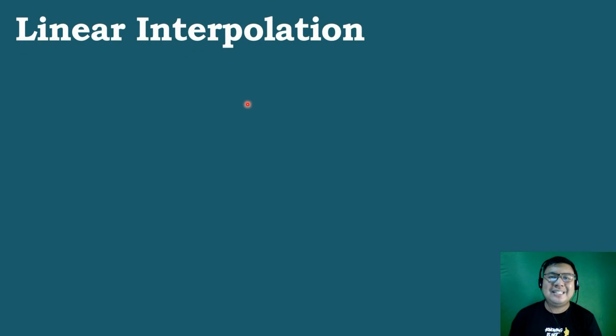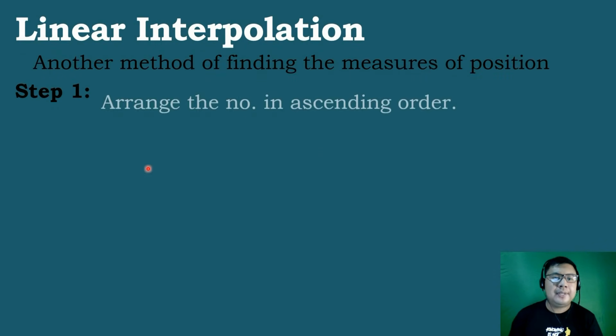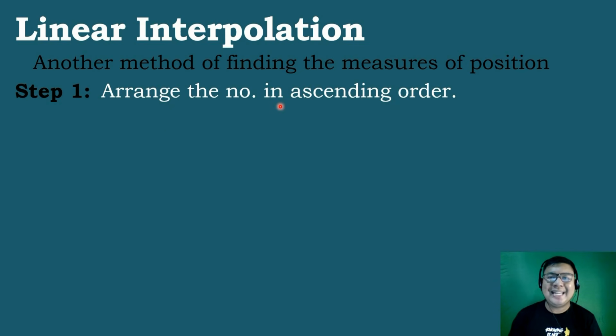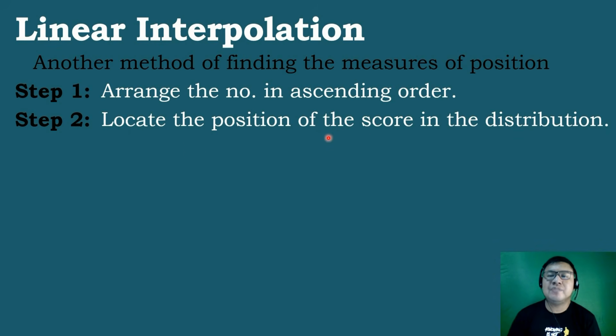So let's go through the steps that we need to follow to solve for the measures of position using the linear interpolation. The first step is to arrange the numbers in ascending order, from the lowest up to the highest score. The next step is to locate the position of the score in the distribution.